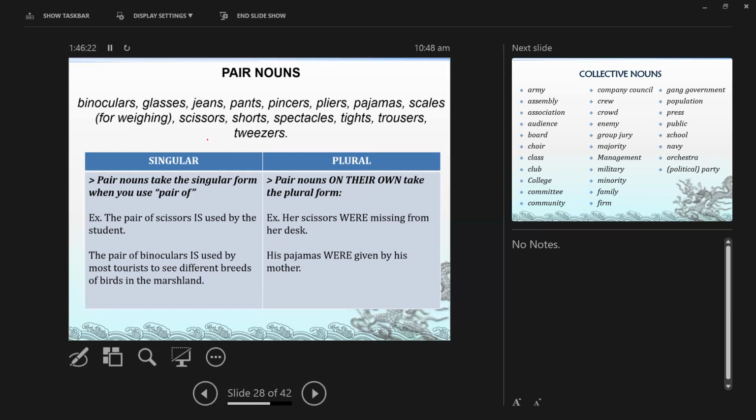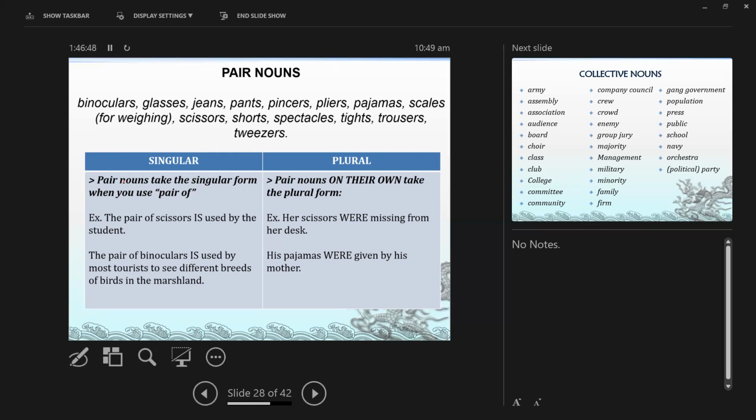And then pajamas. Why pajamas? Because they come in a pair. The top and the bottom, pajamas, okay? And then glasses. I am not wearing my glasses. Okay. Pair nouns take the singular form when you use pair of.